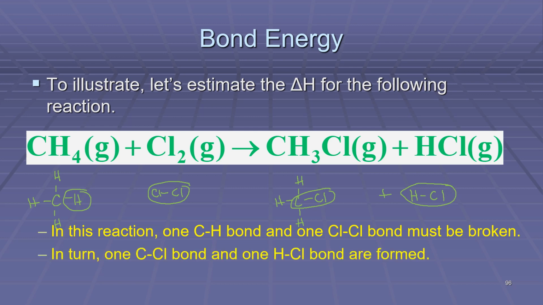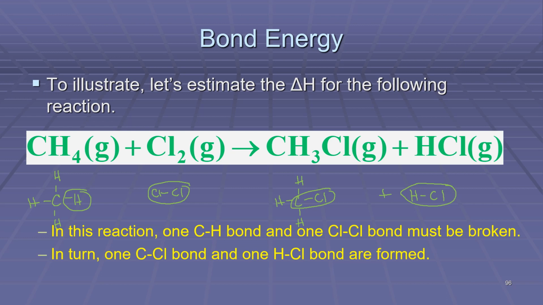So we can look up those values. And let me give you a little hint. Sometimes if you have a hard time seeing what's happening, and I think this one's pretty straightforward, but if you really have a hard time, one thing you can always do is break every single bond and reform every single bond.